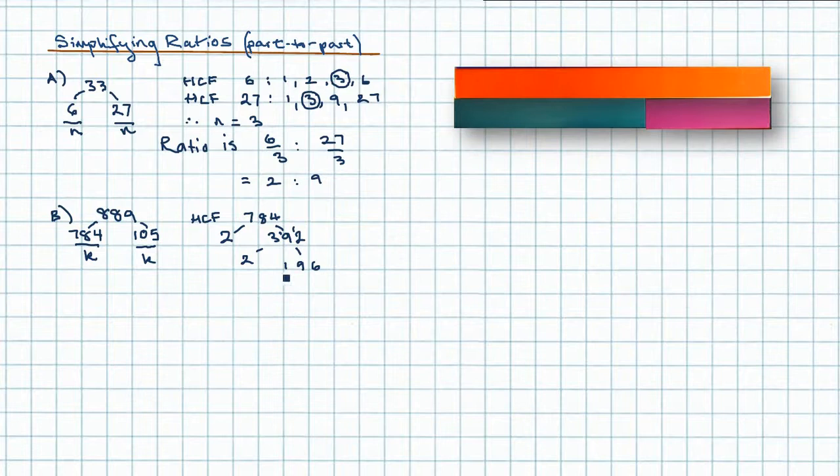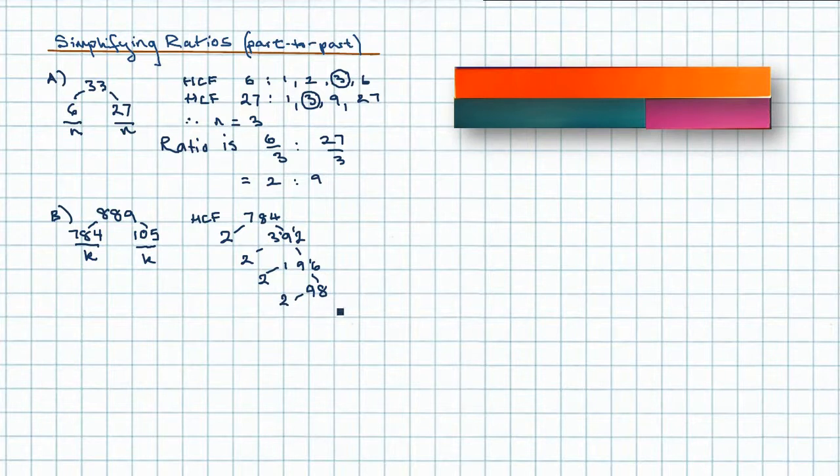Now as we go down our tree, it gets a lot easier. So we've got 2 into 19 now, that's going to be 9 with 1 remainder. 2 into 16, that's going to be 8. And just a check: 2 times 98 will give us 196.